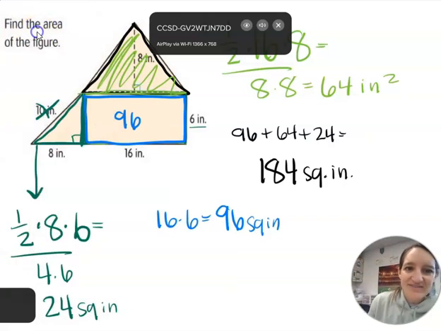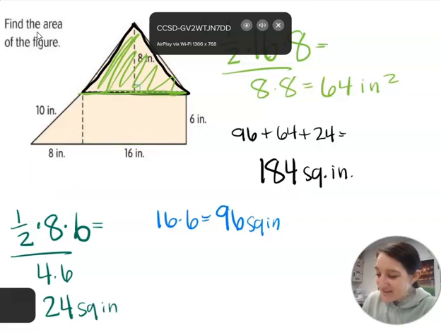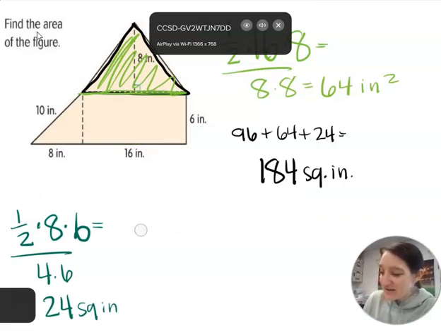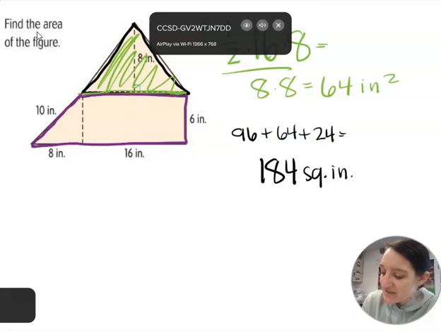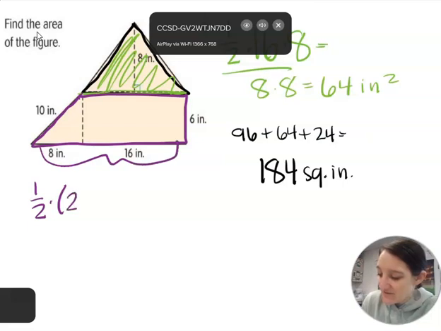Now, some of you want to do lesser amounts of work. Instead of doing the rectangle and the triangle, if you see a trapezoid with two shapes put together, then go with that trapezoid. It'd be 1/2 times this base, 24, plus this base, 16, times, what's your height again?